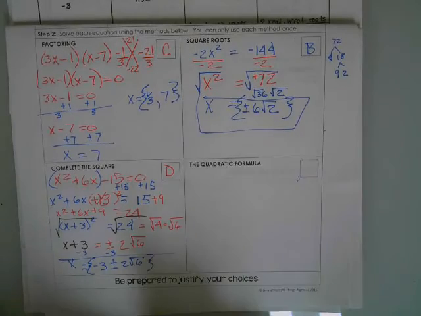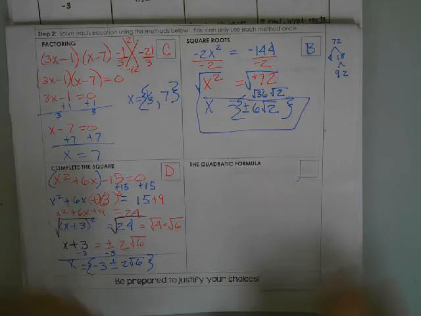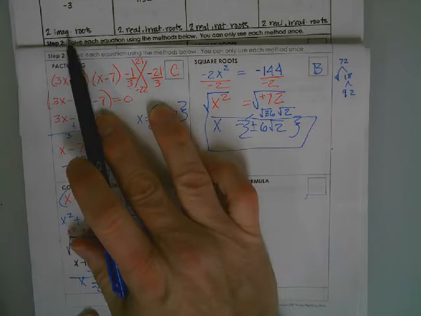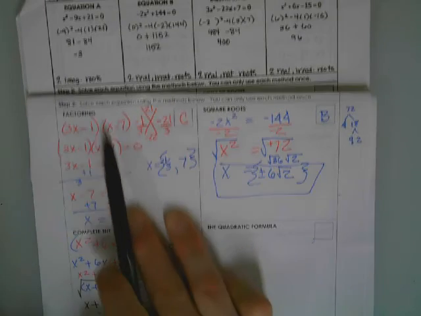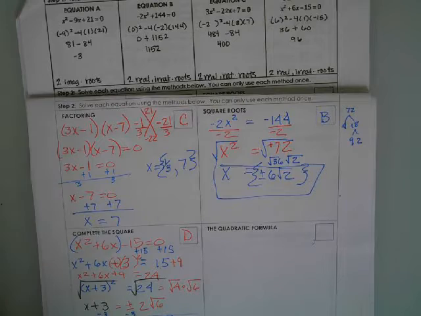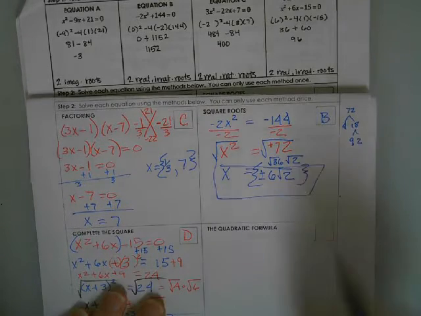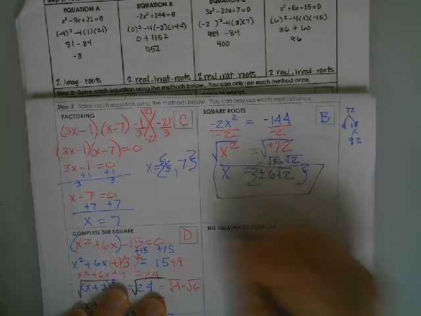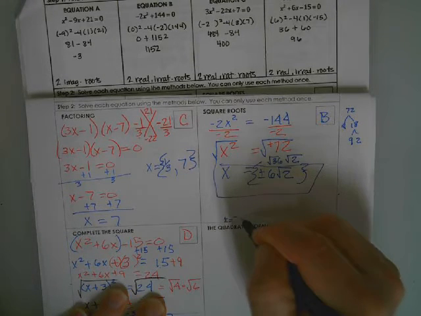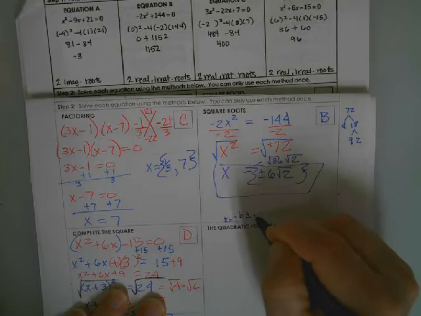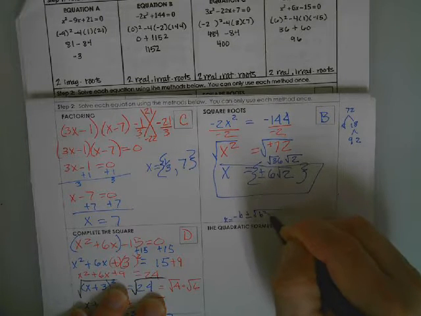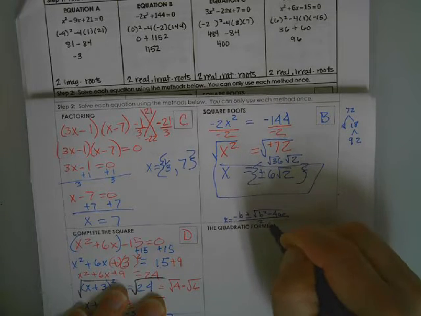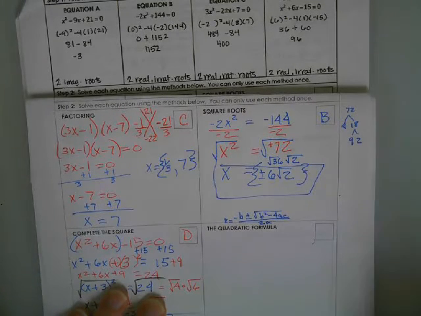Finally, the quadratic formula. Whenever we think our solutions are going to be imaginary, like example A here, that is probably your best time to use the quadratic formula. Okay? So here, remember the quadratic formula, x is equal to negative b plus or minus radical b squared minus 4ac all over 2a.